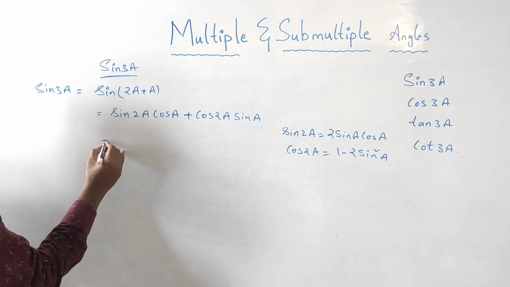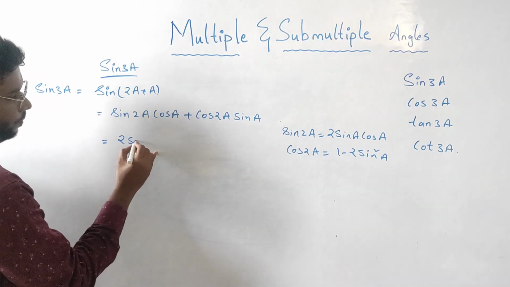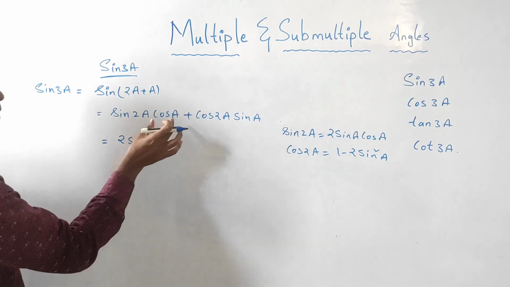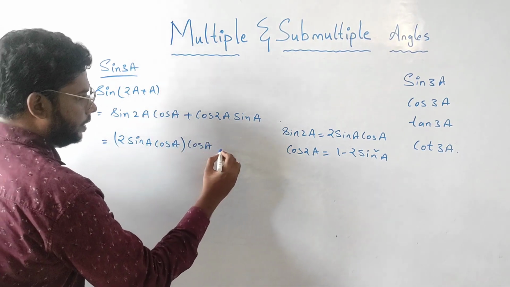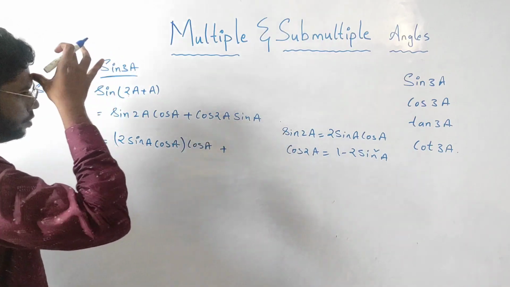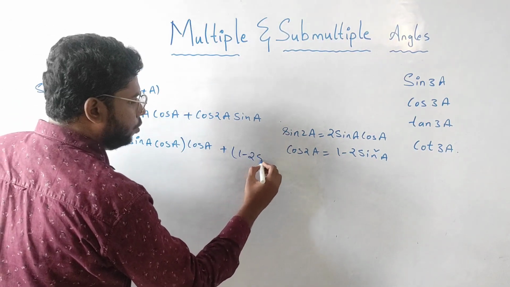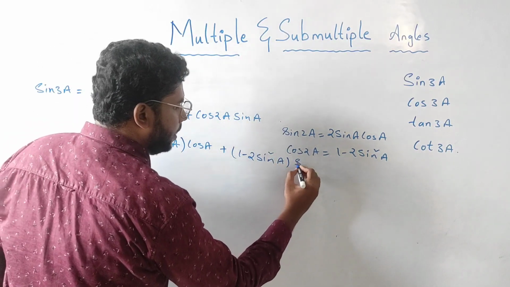In the place of sin 2A, I am writing 2 sin A cos A, and this cos A as it is, plus, in the place of cos 2A, I am writing 1 minus 2 sin square A, and the sin A as it is.